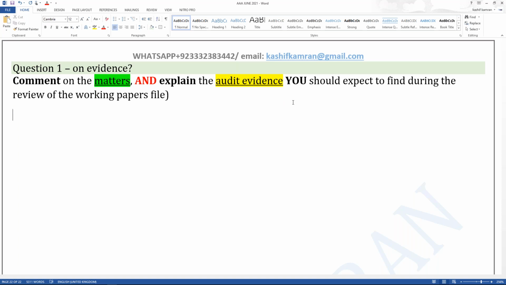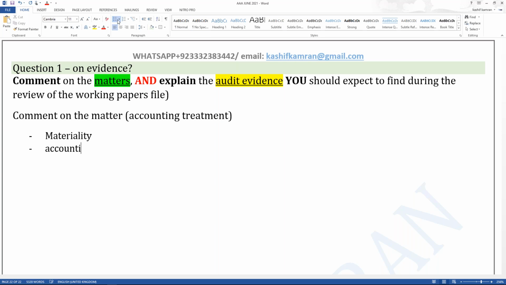But I just want to give you a very good suggestion now. Comment on the matters, and you know the matter is the accounting treatment. You comment on the materiality, you comment on the accounting treatment, and you comment on the risk, which is under or overstatement, right?